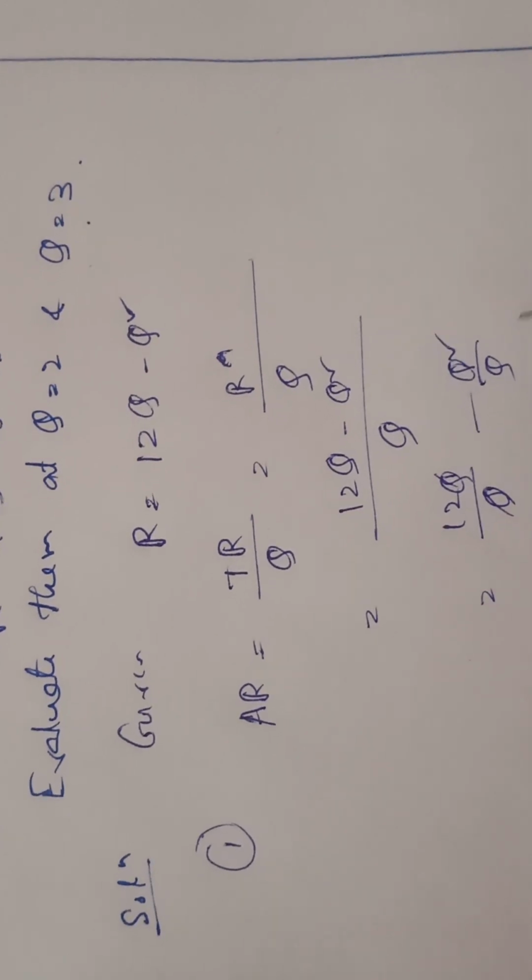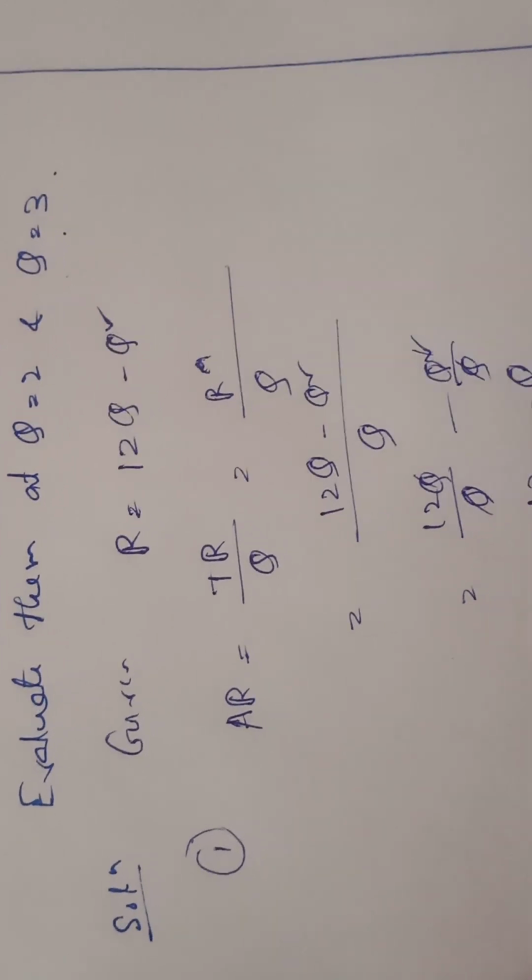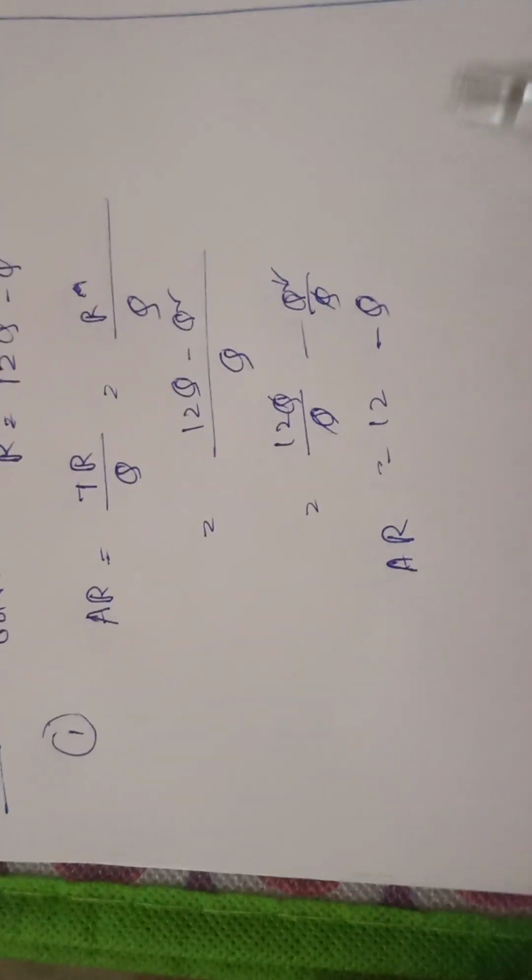We have 12 minus Q, since one Q gets cancelled. So this is your average revenue function.